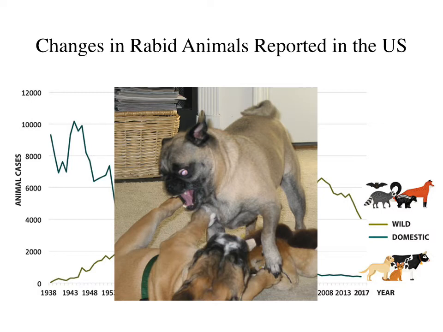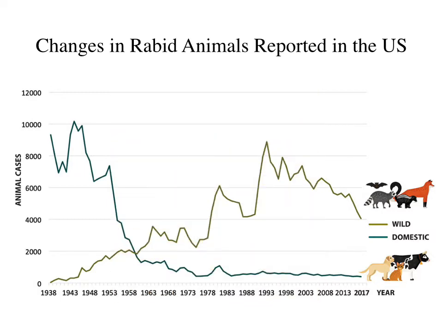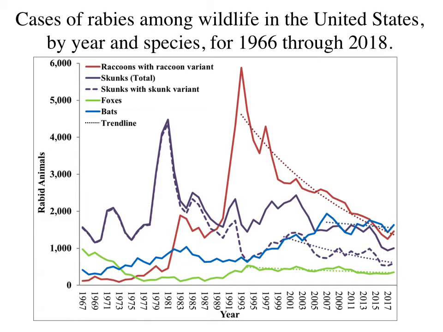The number of rabies cases reported in cats is routinely 3 to 4 times that of rabies reported in cattle or dogs. Wild animals account for more than 95% of reported cases.